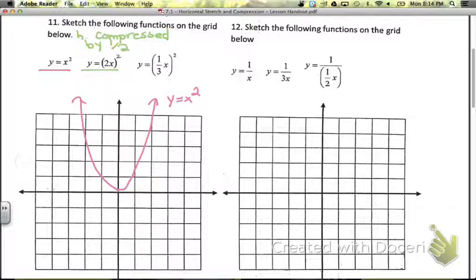So instead of the y values of each of the coordinates being affected like we did during our vertical stretches and compressions, now it is our x coordinate of each point.